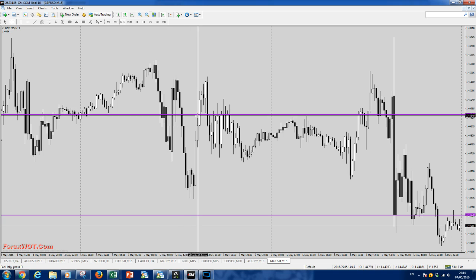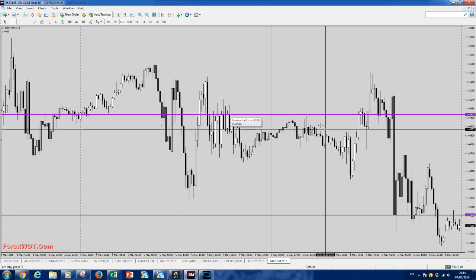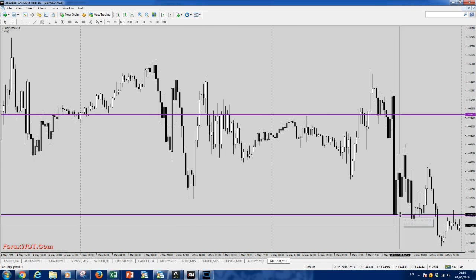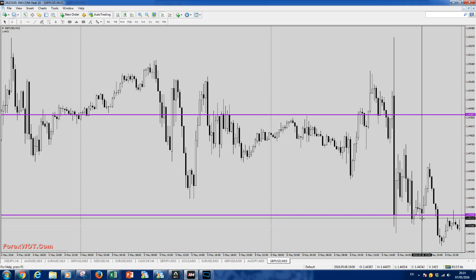A lot of wicks are formed in these lines. Look, perfect right off here. But if you look at the drawdown, not much. No more than 200 pips.